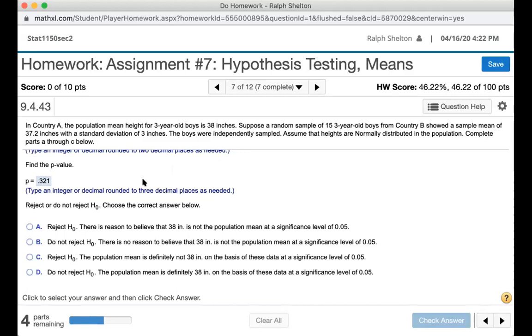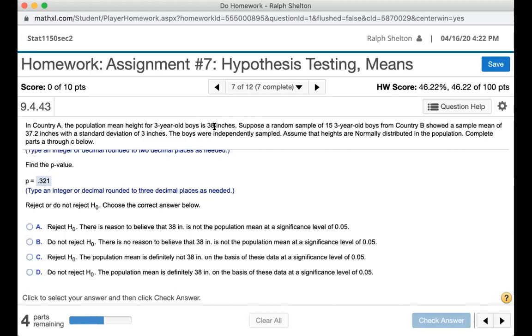But you go into stat and t-stats, and then you have to put in the value for the null, okay, which here would have been 38. And you also had to state your alternative hypothesis.